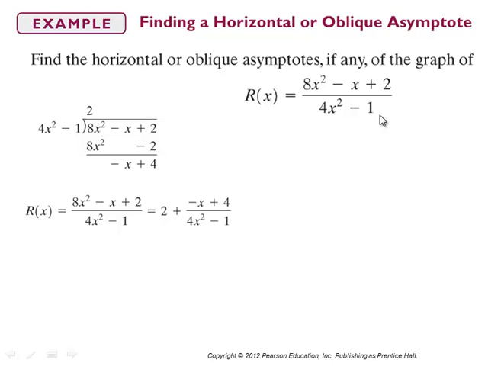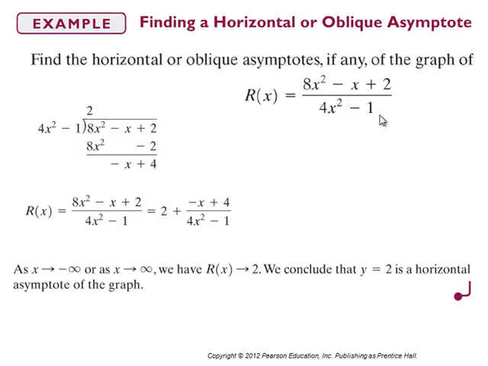The graph will approach the line y equals 2 as the horizontal asymptote. So as x approaches negative or positive infinity, the graph of the function will approach the horizontal line y equals 2. So y equals 2 is the horizontal asymptote of the graph.